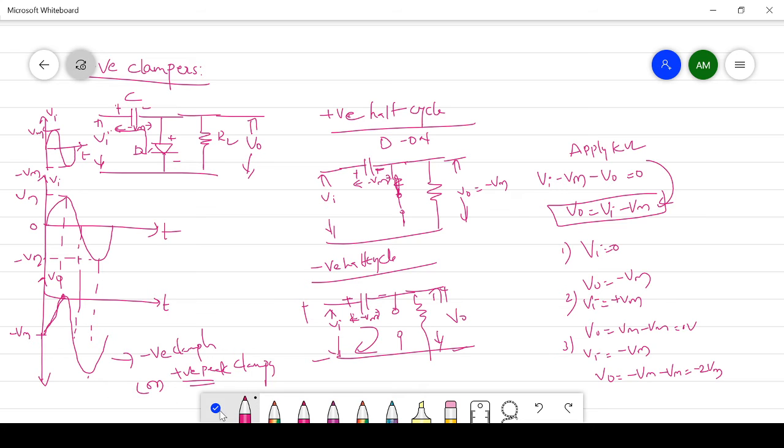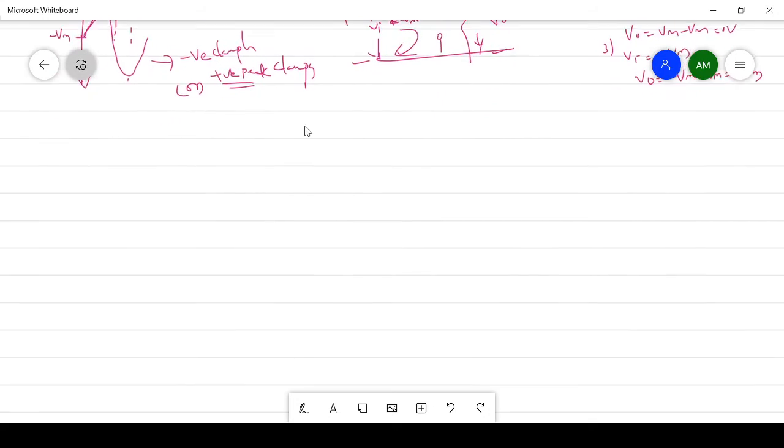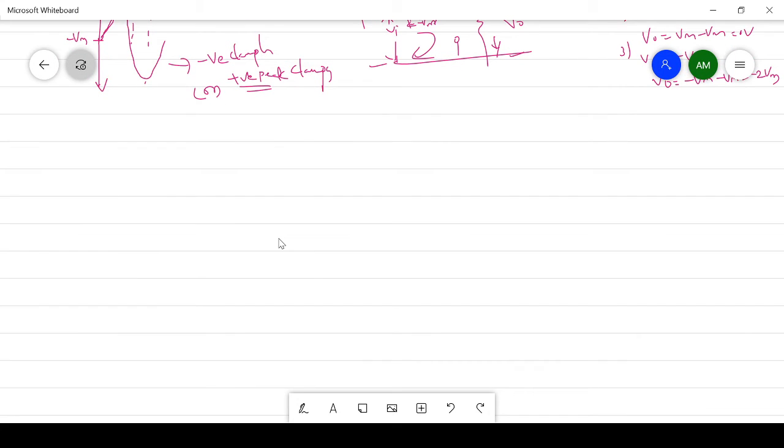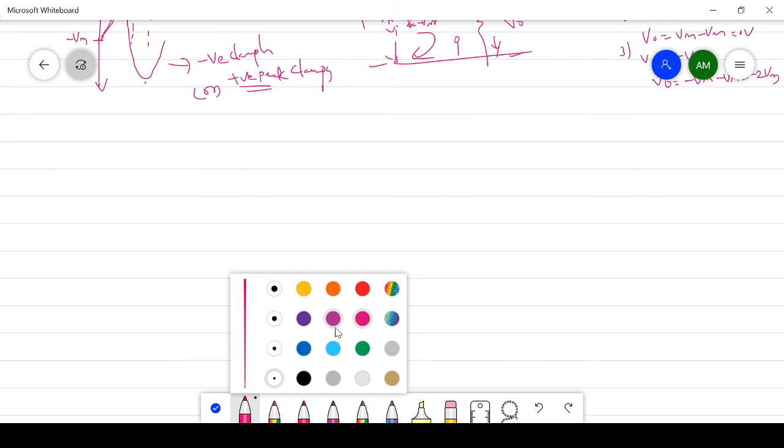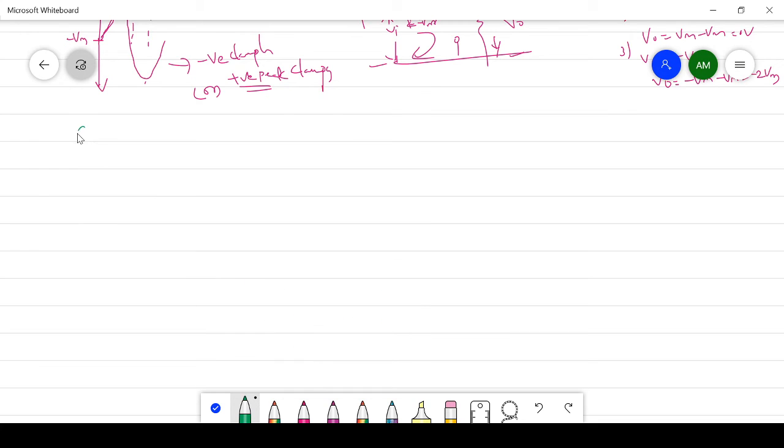Okay, is it clear? Now we discuss the clamping circuit theorem. It is very important. What is the statement of the clamping circuit theorem?